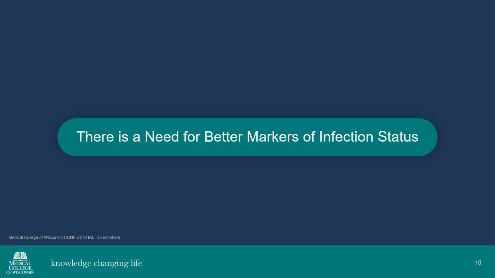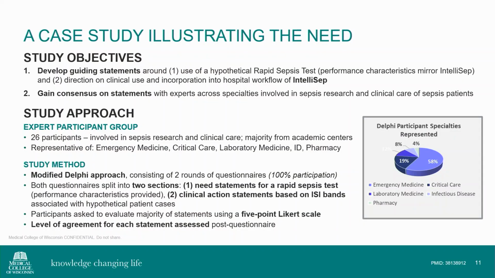So I think we'd all agree there is a need for better markers of infection status in our world. And just to give you a sense of how broad and how unregulated the sepsis field is, I participated in a multi-center study a number of years back where we presented patient histories to a group of physicians.